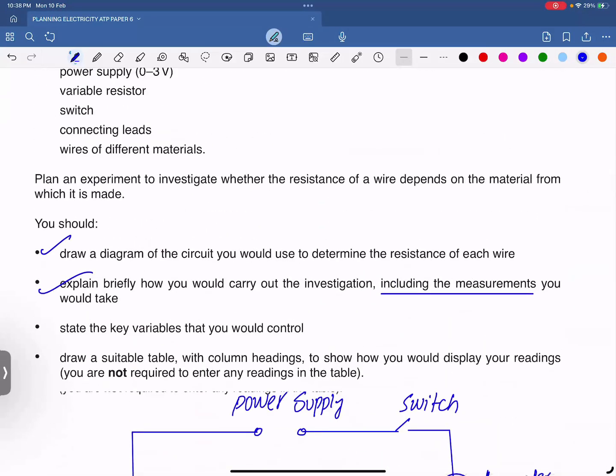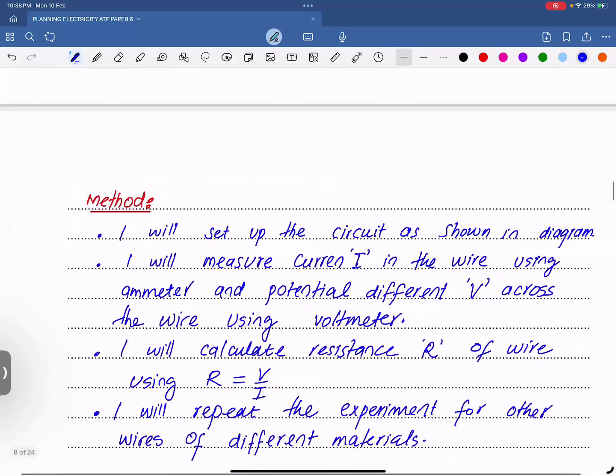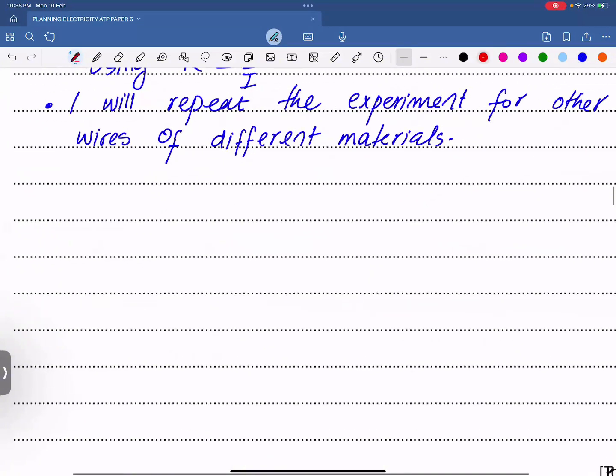Now we have to go for the next section, the key variables to be controlled. So write a tab, dear students, like that: key variables to be controlled.